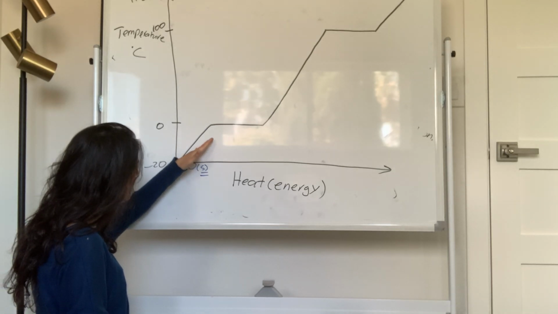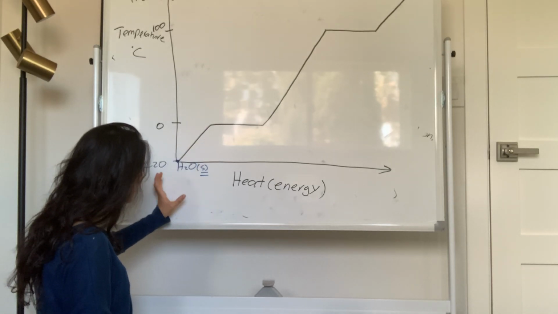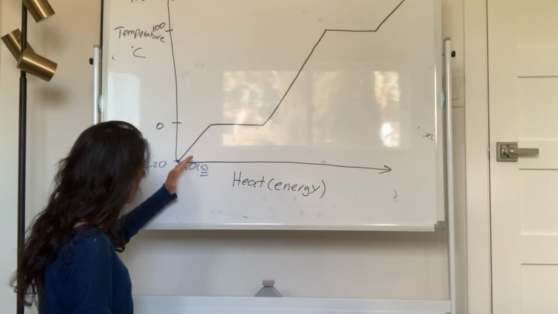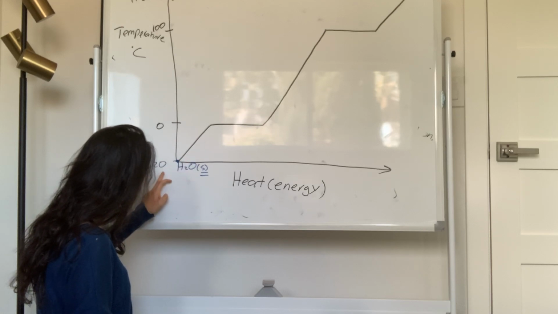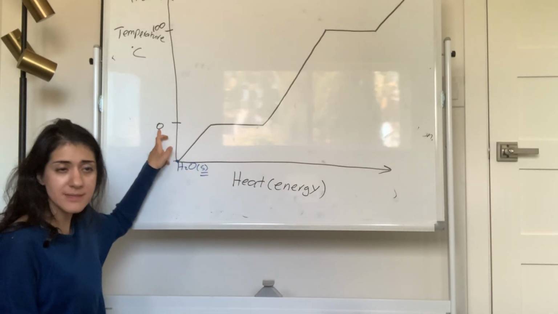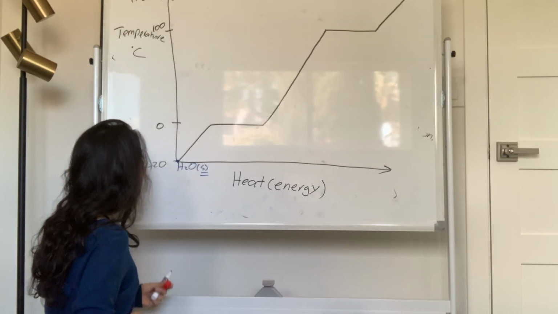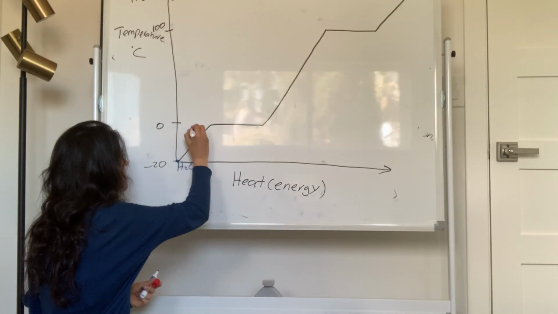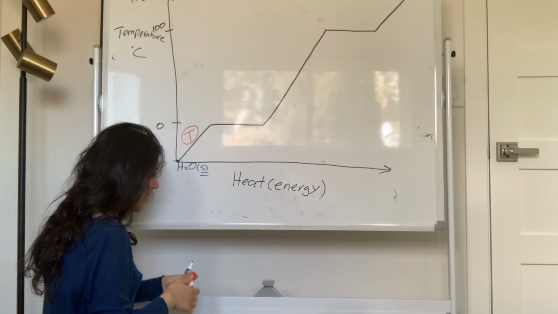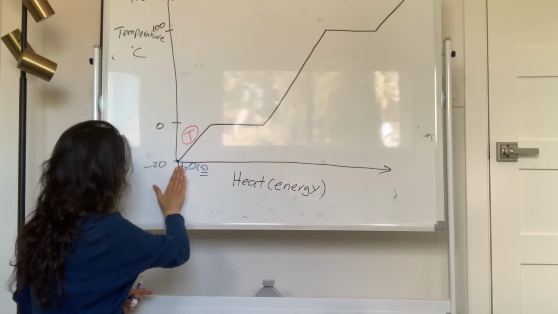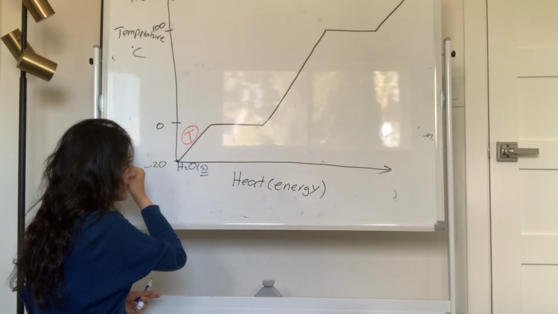As I'm adding more heat to my water, the temperature goes from minus 20 to 0. So what's going on here is I have a temperature change. I'm going to put a T change, because as I'm adding heat, the temperature is going to increase to 0 degrees.